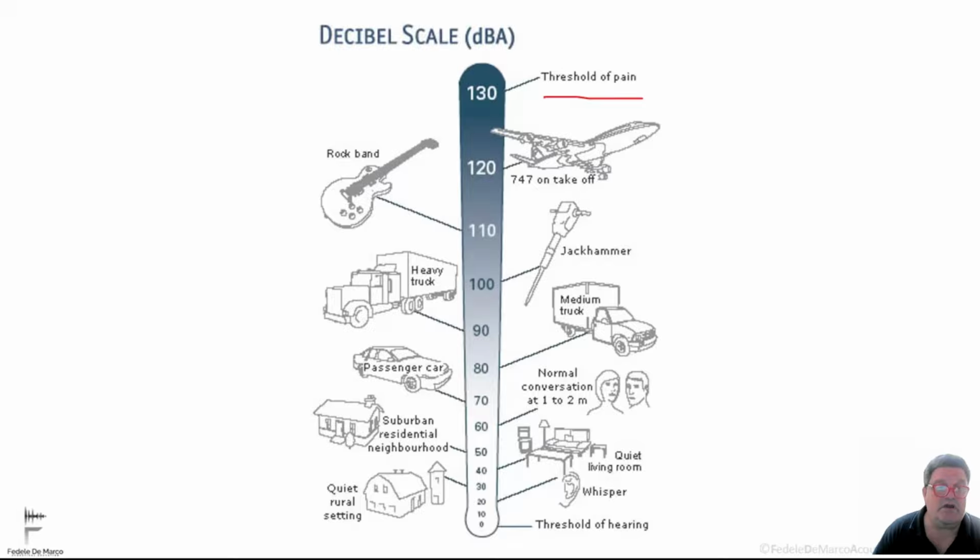You can see some examples of sound pressure levels in dB, for example truck noise, urban and suburban noise, rock band noise, etc.